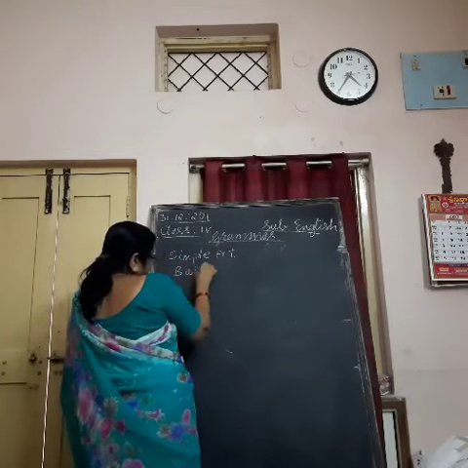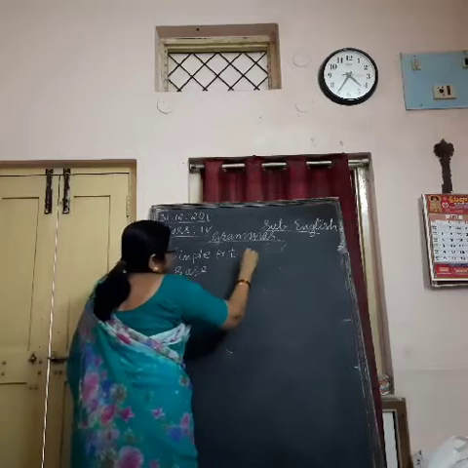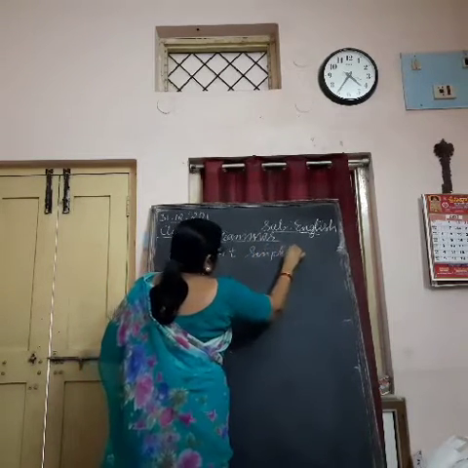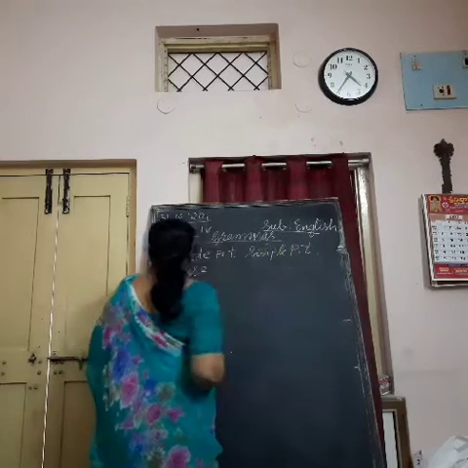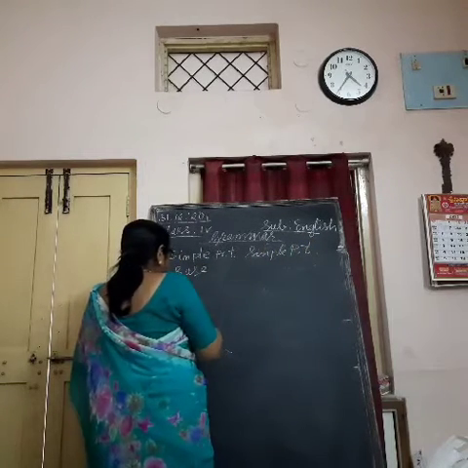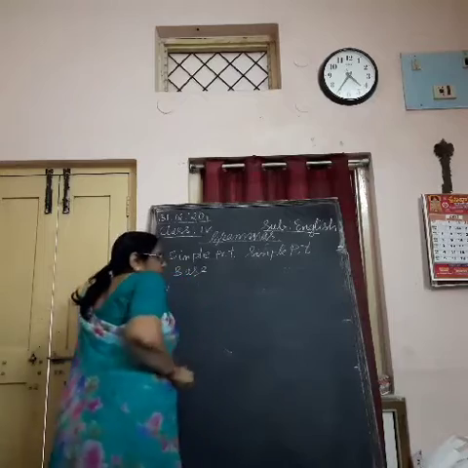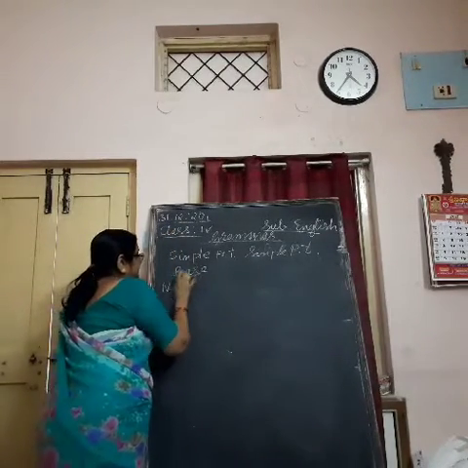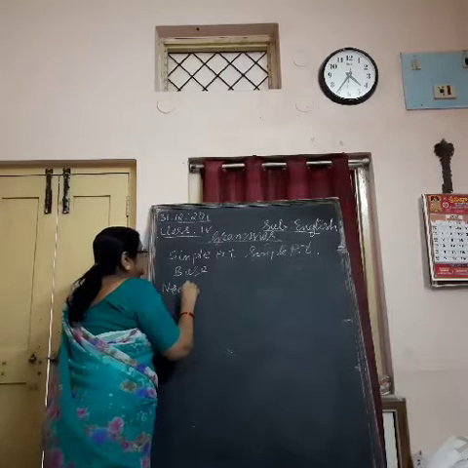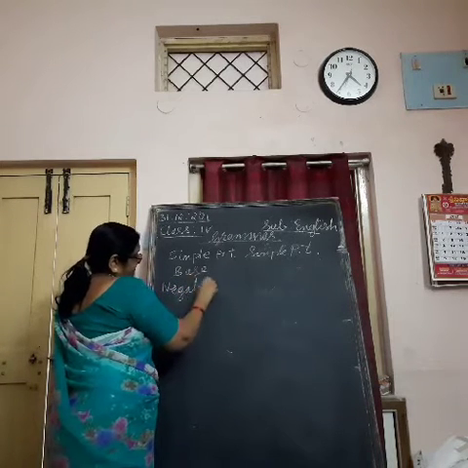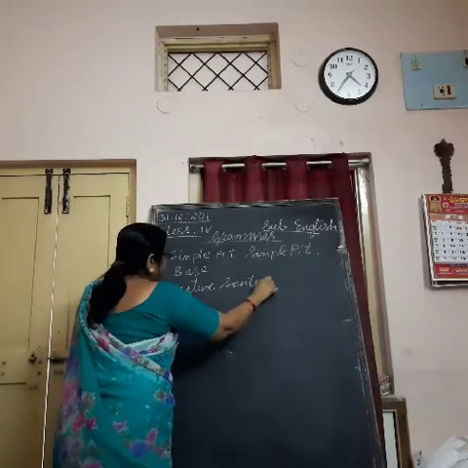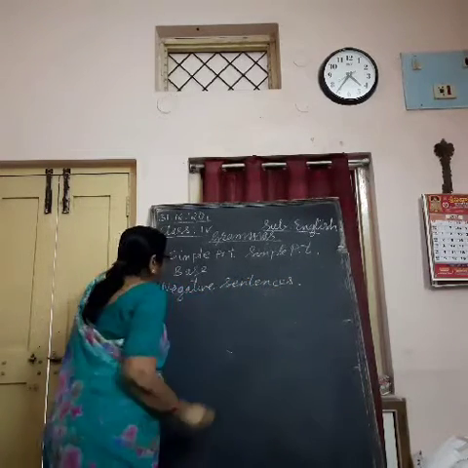Remember it, base. And simple past tense can have regular form or irregular form, right? Using this, we are going to form negative sentences.